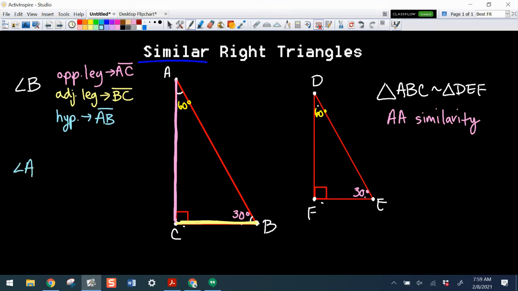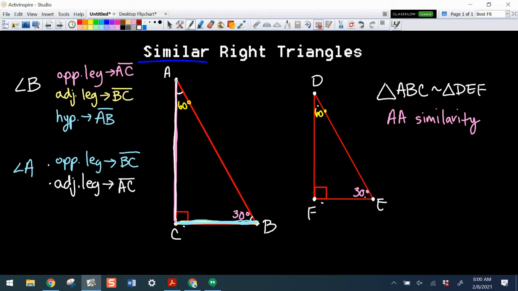The opposite leg to vertex A is actually line segment BC, which was the adjacent leg to angle B. So the opposite leg to angle A is side BC, which means that the adjacent leg to angle A is line segment AC.